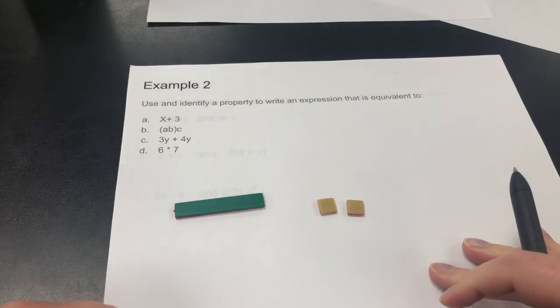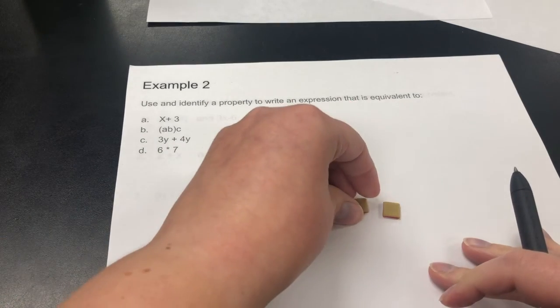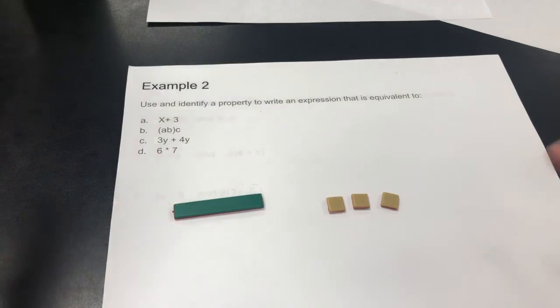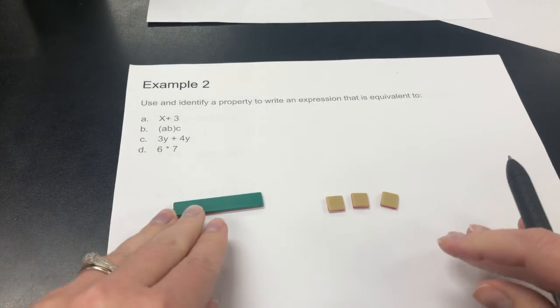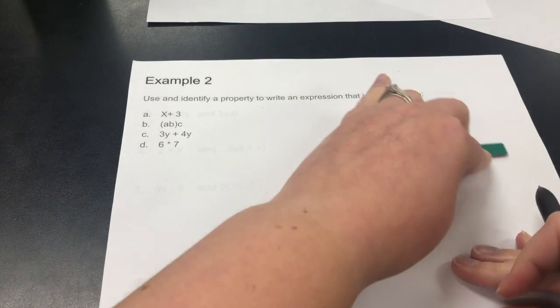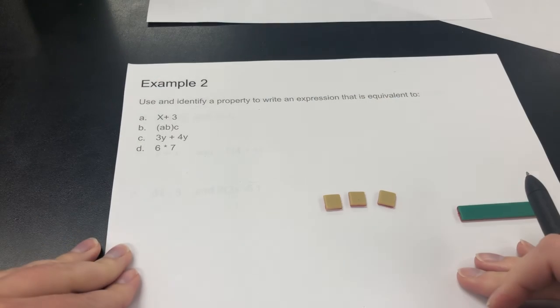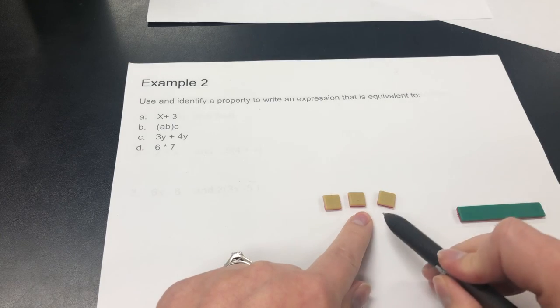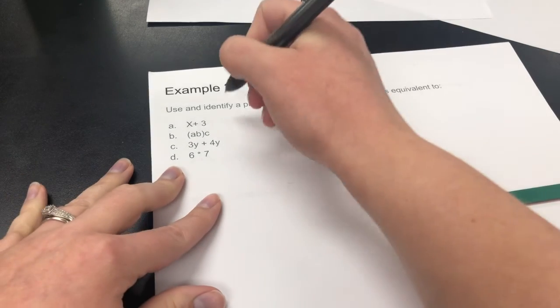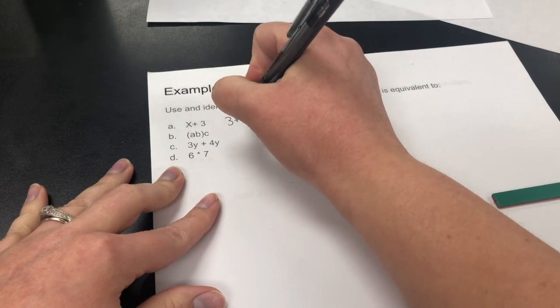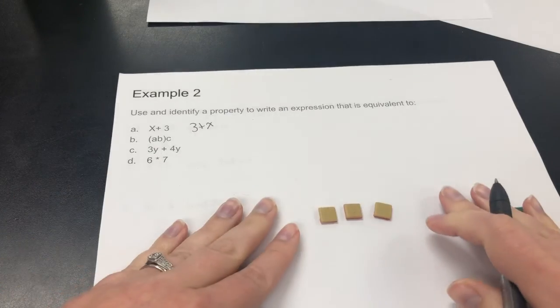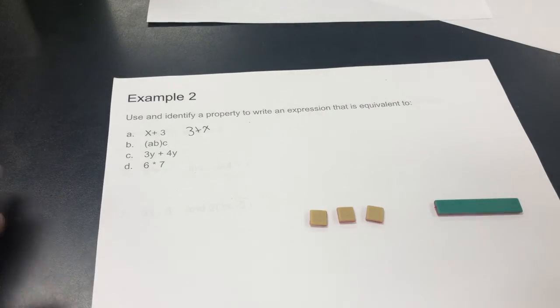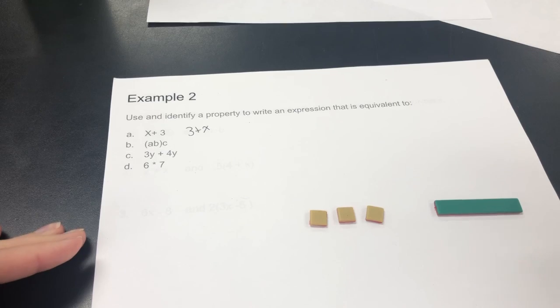But I have x plus 3 ones. Is there any other way to write this? You can switch this variable over here, and so instead of saying x plus 3, I now have 3 plus x. That's the only other way that I can break that down or rewrite it.